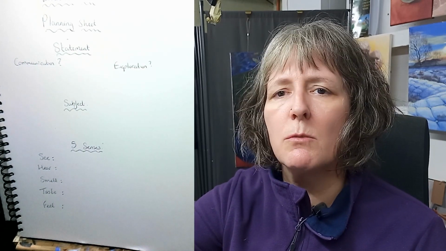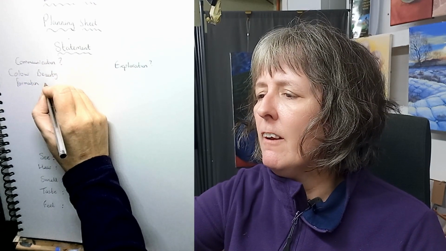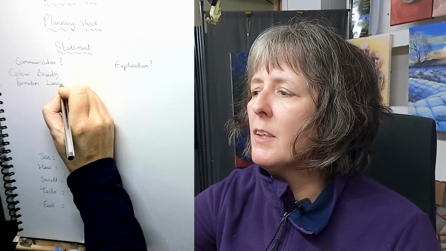The statement, what am I communicating? Communication, I'm looking at the colour, the beauty and the formation of the lavender in the field, the way it goes into the distance. Exploration, I'm going to be exploring with the colour, the different purples, the materials.